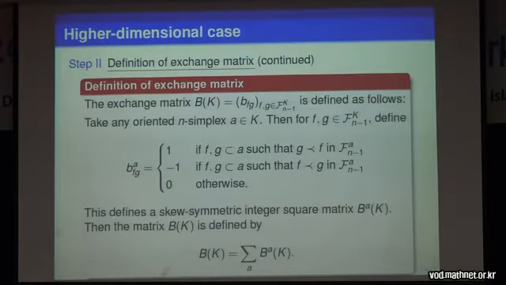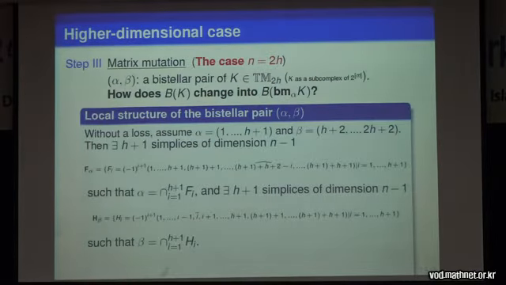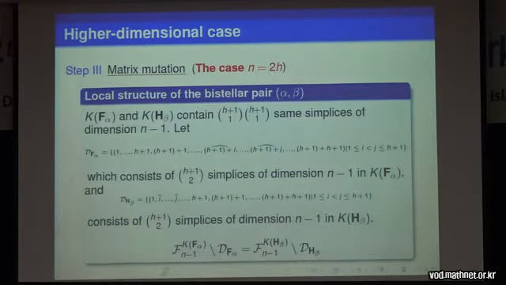Like the two-dimensional case, we also can define this exchange matrix. And if we do the bistellar move, we need to know the matrix mutation. For this one, we also need to give an analysis of the local structure about the bistellar pair. Here is some of the local structure.